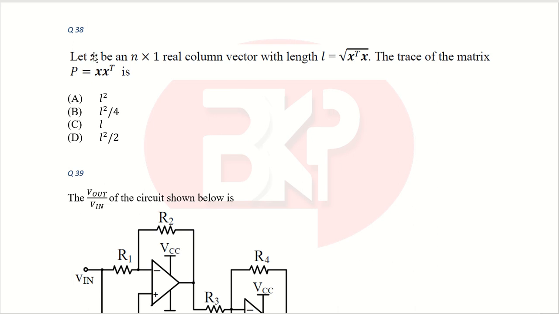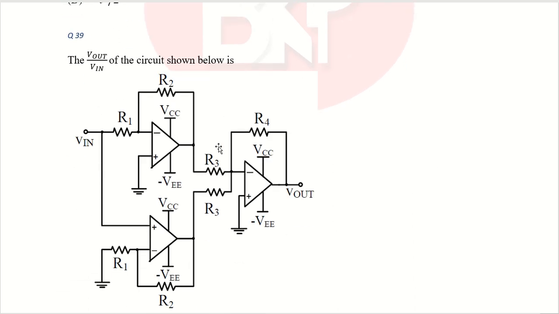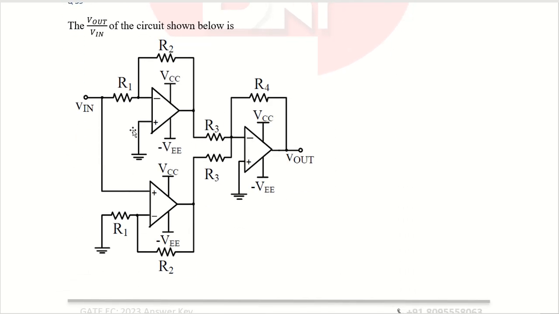For the question number 38, the value that you are going to get is option A, which is L square. The question number 39 is a very simple question. You have to just apply your mind and find out what is your VO1 at this point, what is the VO2 at this point. Then this is kind of a normal summer.